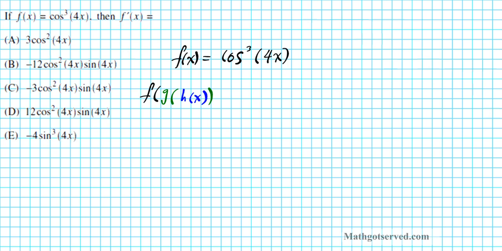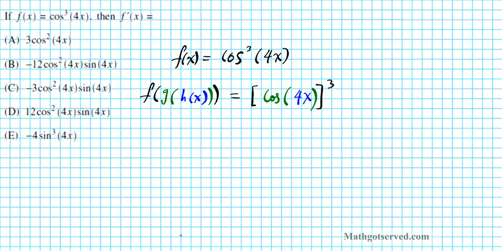I can rewrite this as cosine of 4x, and cosine of 4x is being raised to the third power. So the outermost function is your cubic function right there. Now we're going to decompose this function, and then we'll apply the chain rule in finding its derivative.